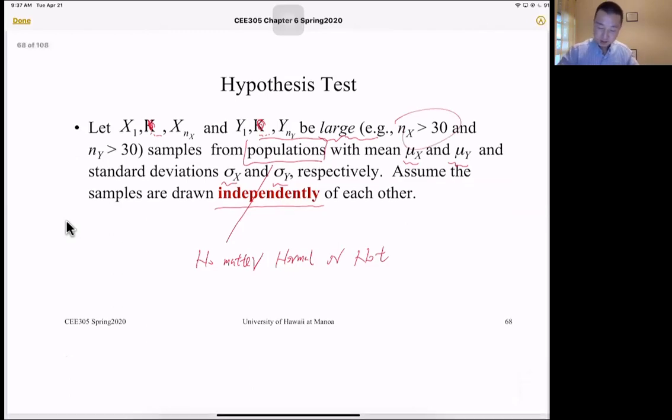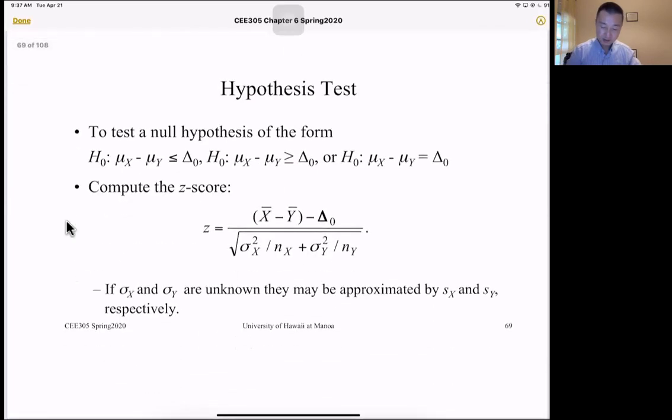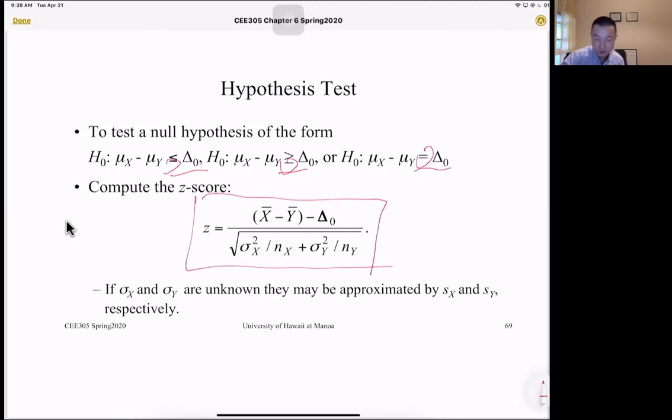And here is the setup for the hypothesis test. H0: the difference of the mean values of x and y is less than or equal to delta 0, or greater than or equal to, depending on how the question is asked. But again, the equality always goes with H0. Then we calculate a z-score. The equation is different.